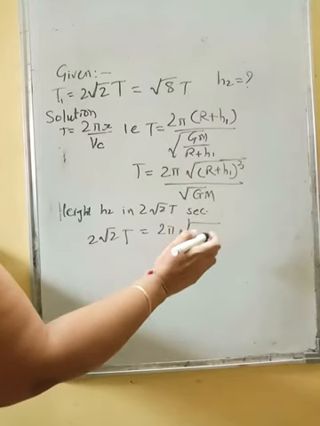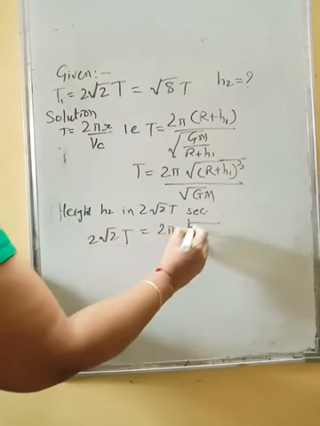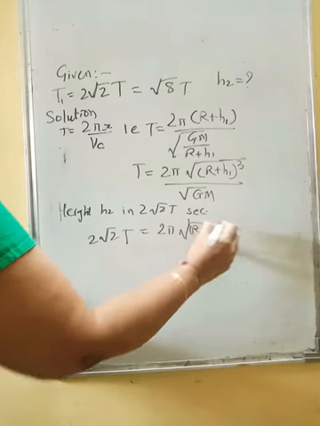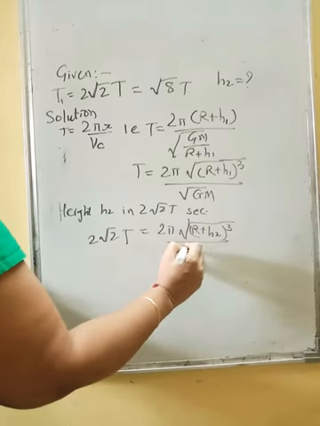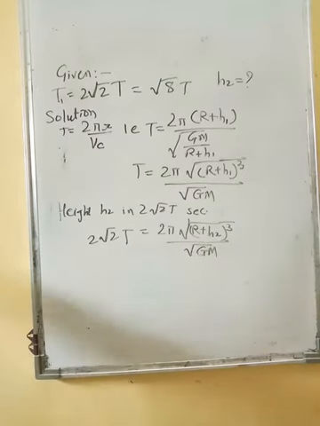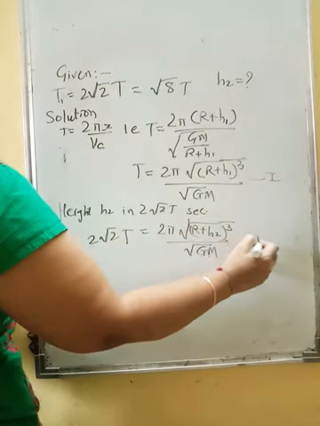Instead of H1 it will be H2. So (R plus H2) the whole cube upon GM, है ना? So this is your equation number 1 and this is equation number 2.